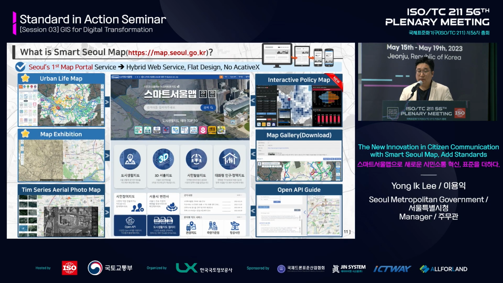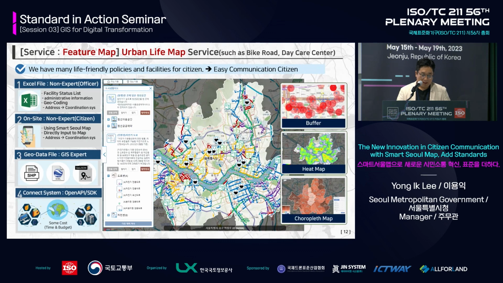This is the first screen you'll see on Smart Seoul map. It's available on both PC and on your mobile device. You'll see the urban life map, the map exhibition, open APIs. It's all available at a glance.